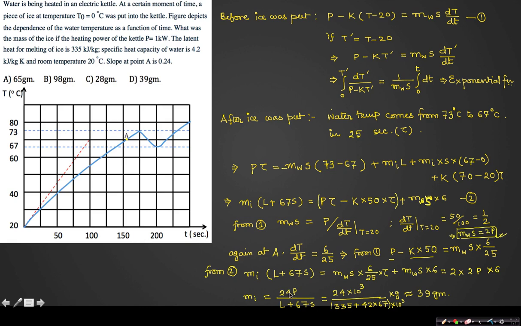24p. P is again 10 power 3 watt, because it is 1 kilowatt, so it is 10 power 3 watt, and L is 335, and 67 into S is 4.2. Right? Those values are also given in kilojoule per kg, so I have multiplied by 10 power 3 joule per kg.